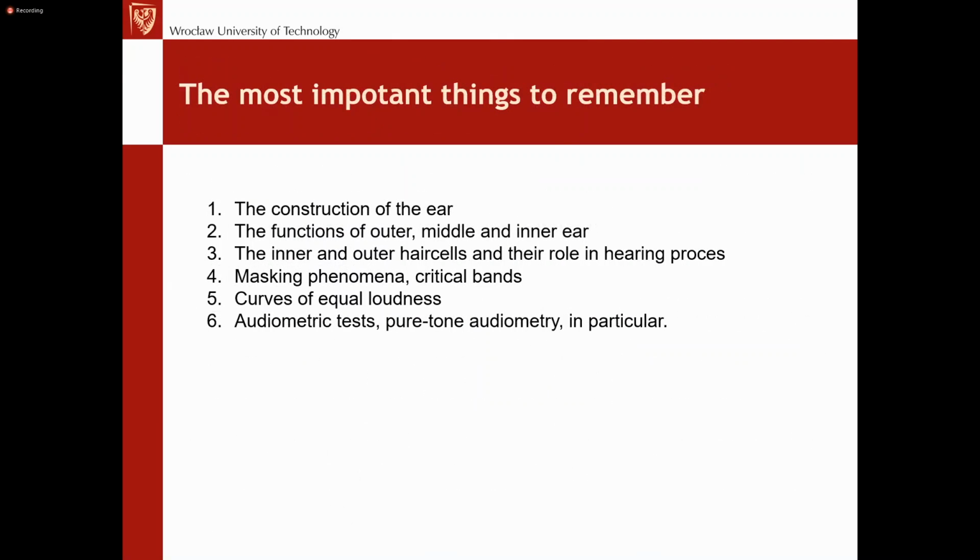Well, so that's the end. The most important things to remember from this anatomy lesson: first, the construction of the ear; the functions of the outer, middle, and inner ear; the inner and outer hair cells and their role in the hearing process. In the test I would like to ask about the total number of a particular kind of cells.